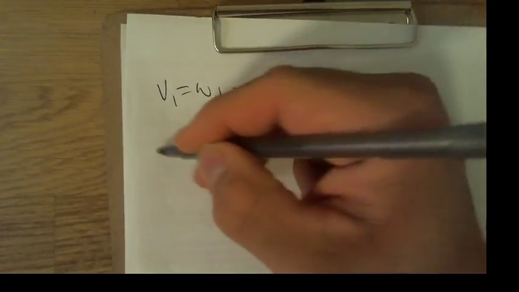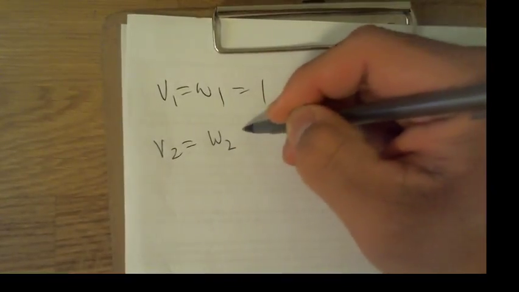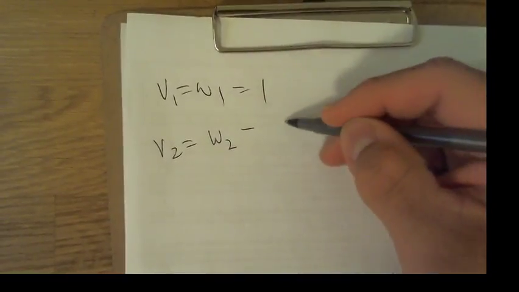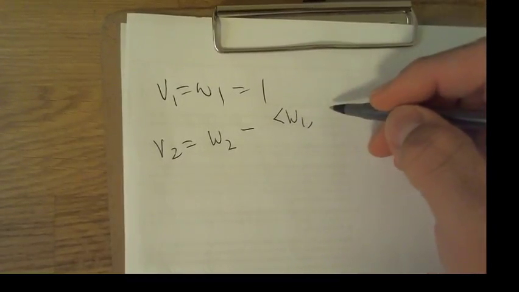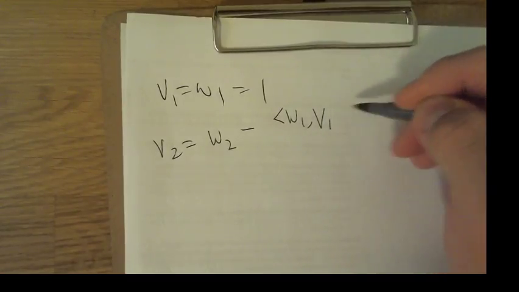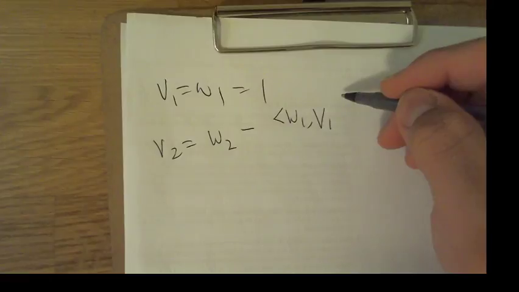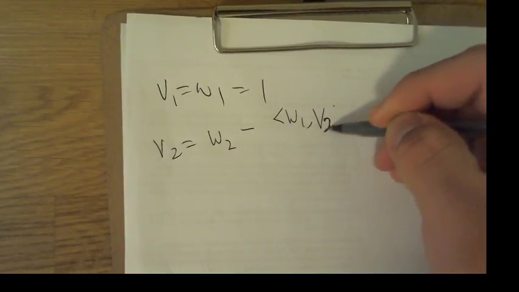Okay, so equals 1. V2 is going to be W2 minus, in this case, W1 with the inner product of V1. Excuse me, that's V2.